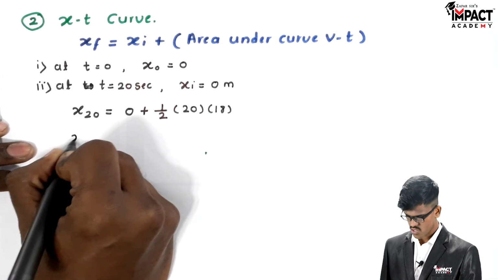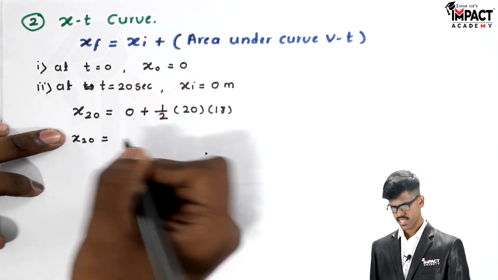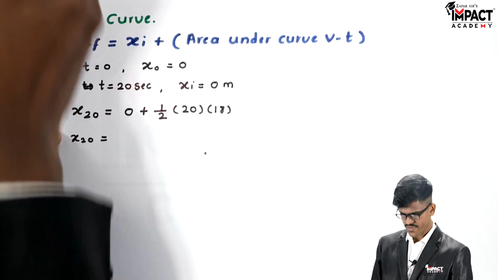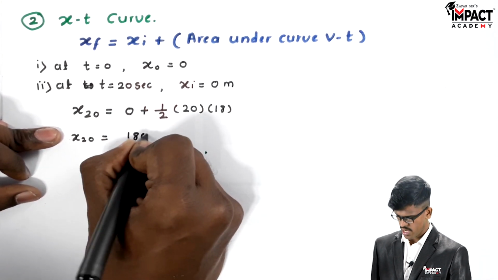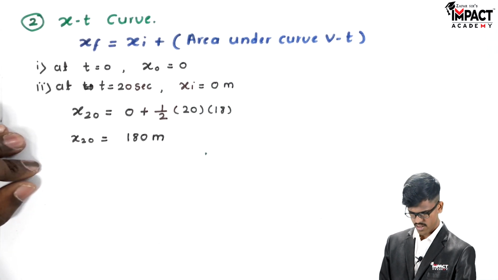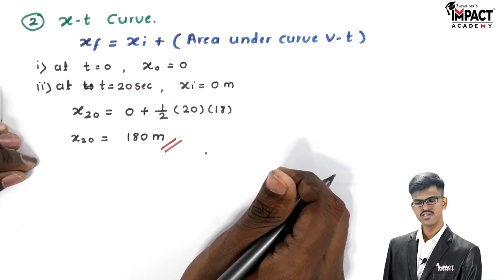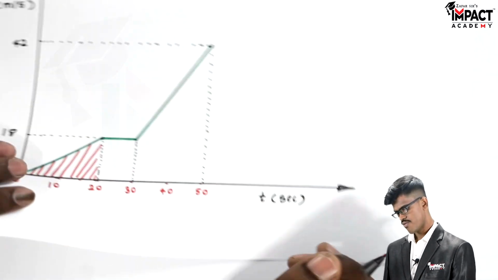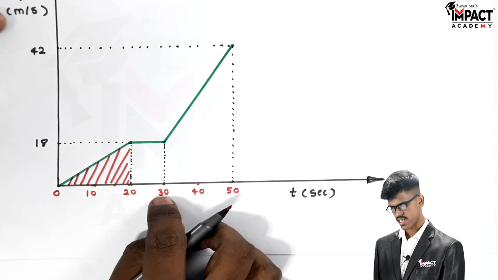So we get x20, the position of the particle at time 20 seconds, is equal to 180 meter. Okay, so we get the position of the particle when time is 20 seconds. Now let's find out the position of the particle when time is 30 seconds.